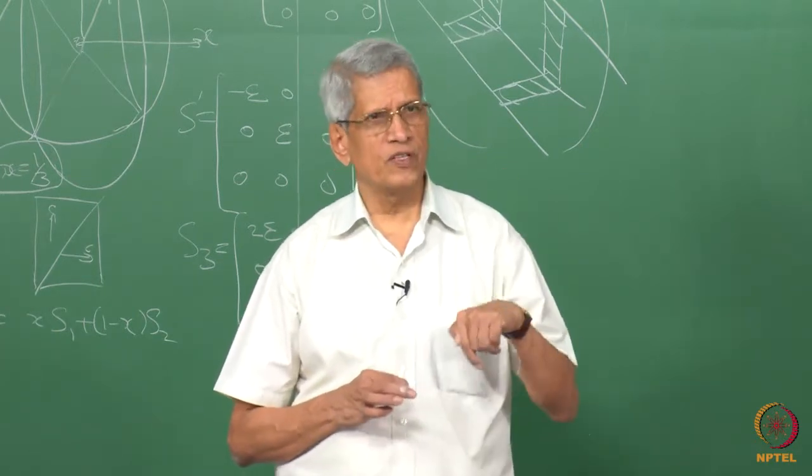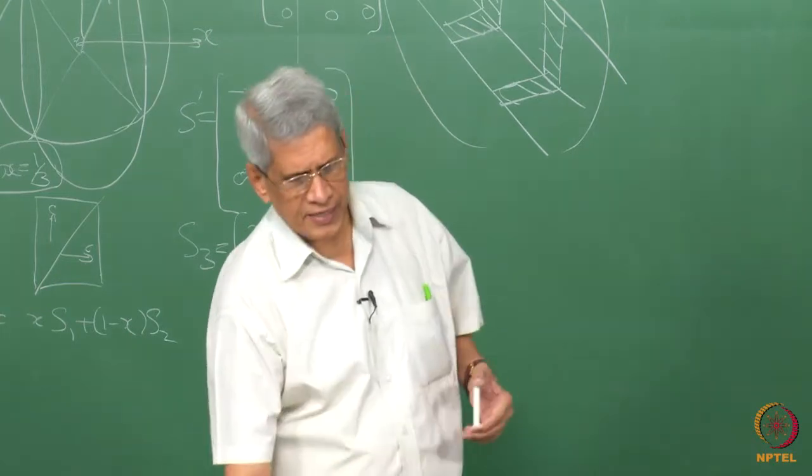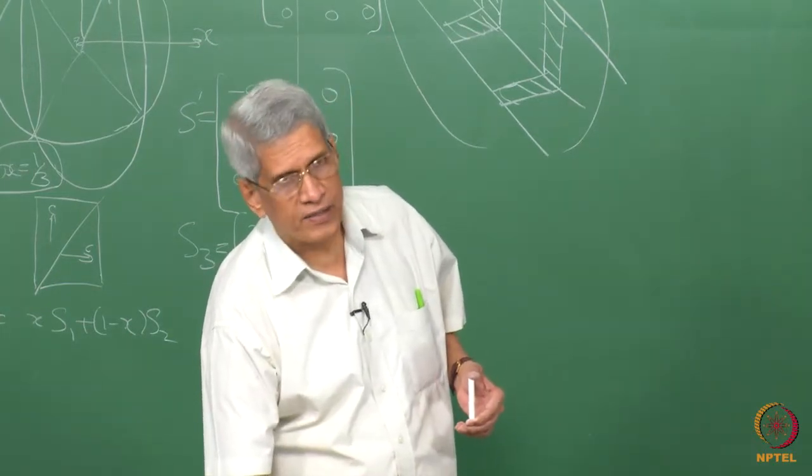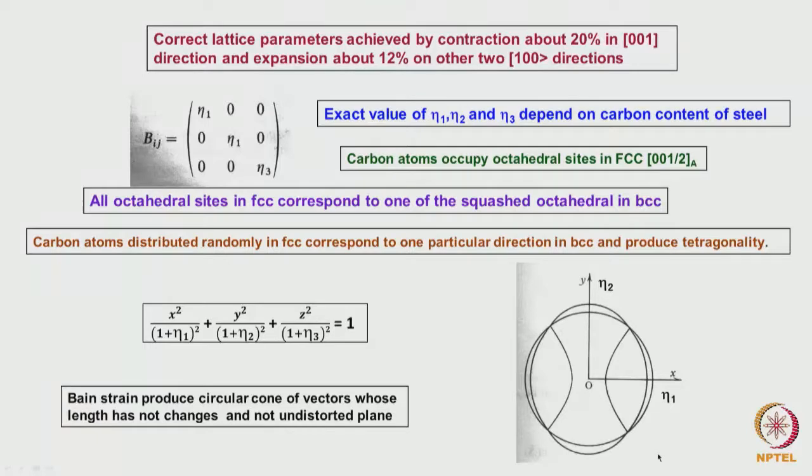The locus of this vector essentially traces a circle on the surface, two circles which are tracing, right. And these vectors all originate from the origin. So the surface which the locus of these vectors generates is a cone, correct. It is a curved surface.